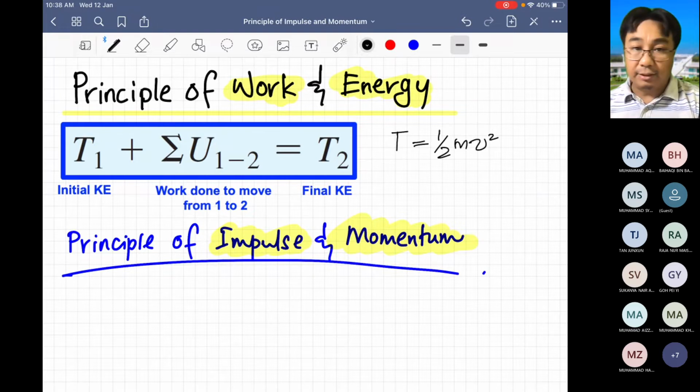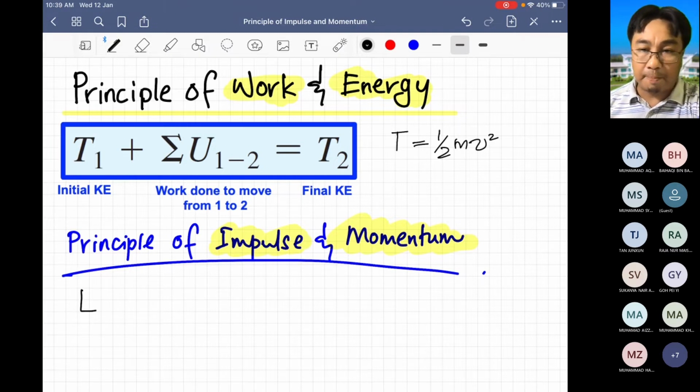Kinetic energy uses the symbol T, and momentum uses the symbol L. Anyone that has watched the video, who can tell me the equation or formula that you can use to calculate momentum?